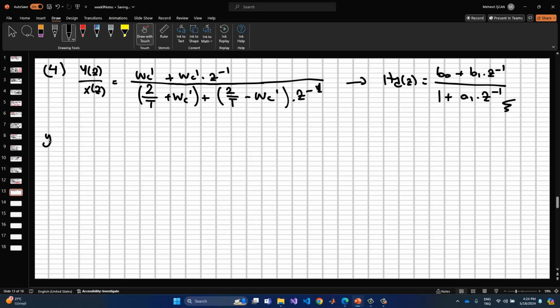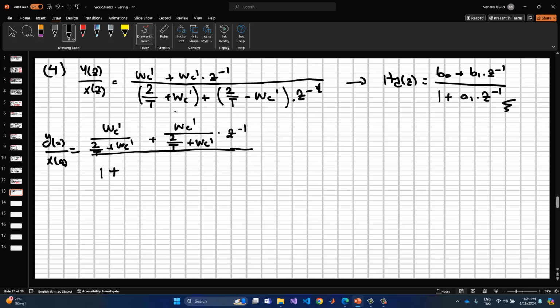So Y(z) divided by X(z) can be represented with these terms, okay? ωc' divided by 2 divided by T plus ωc', plus ωc' divided by 2 divided by T plus ωc' times z^-1, and so we have 1 in the denominator because we divide the whole terms by this parenthesis, and so we have 2 divided by T minus ωc' divided by 2 divided by T plus ωc' times z^-1, okay?